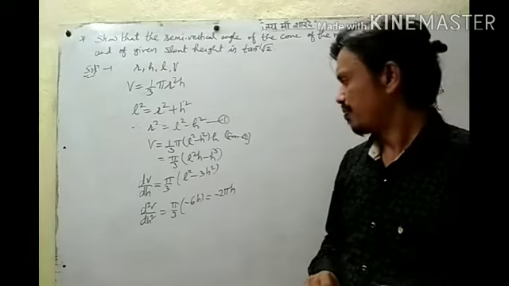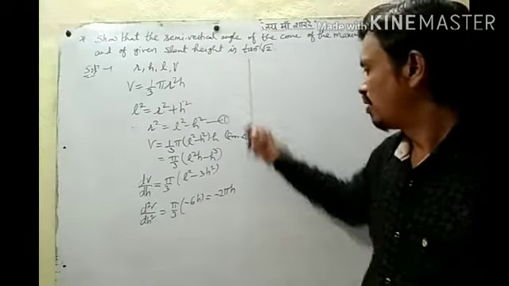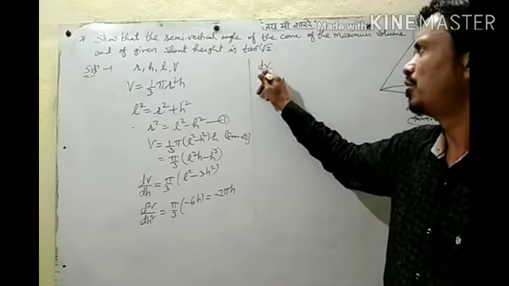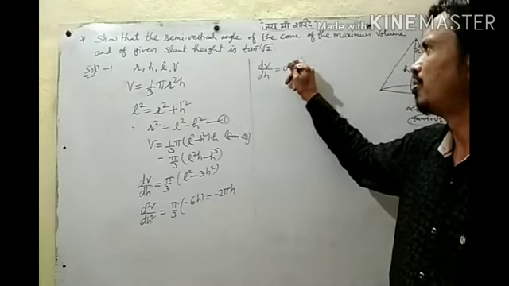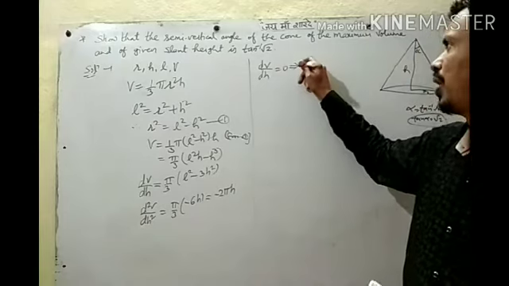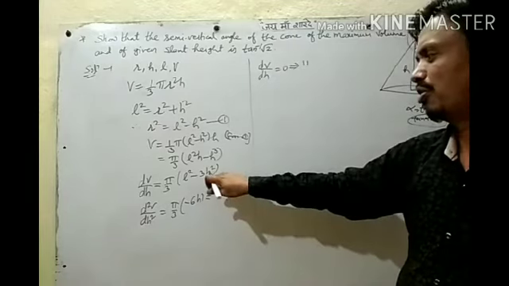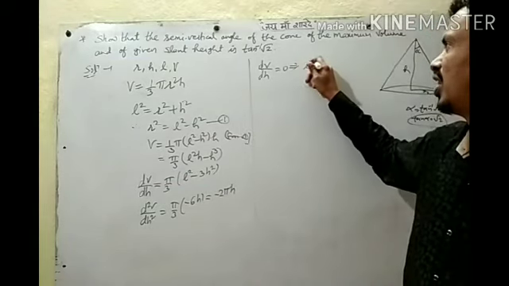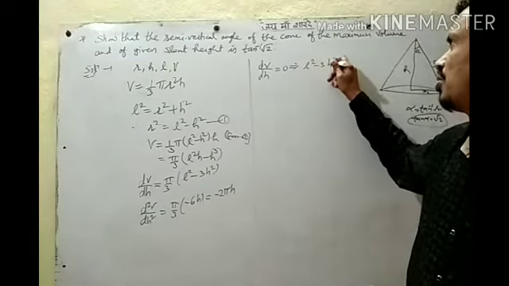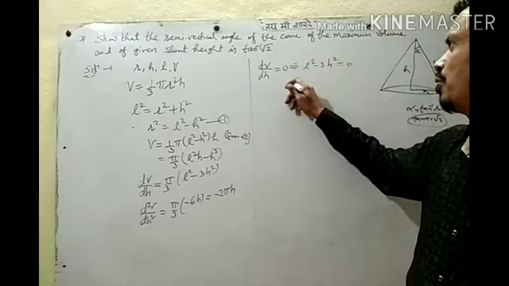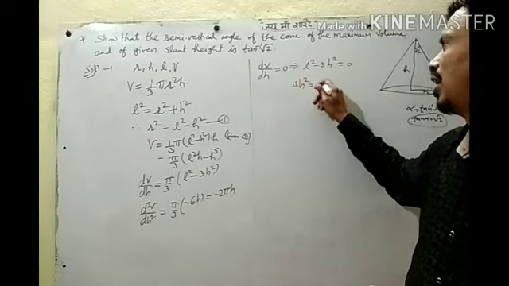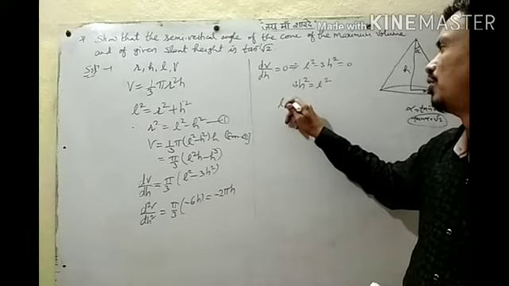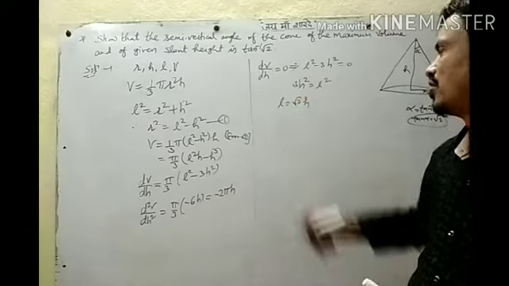Now for maximum or minimum value, dV by dh should be 0, which implies pi by 3 times L square minus 3h square is 0, and pi by 3 is non-zero, so L square minus 3h square is 0, which will give 3h square equal to L square, or we can say L equal to root 3 times h.